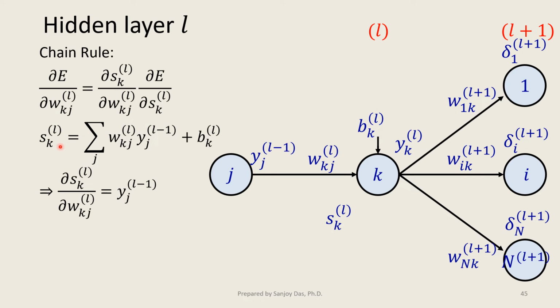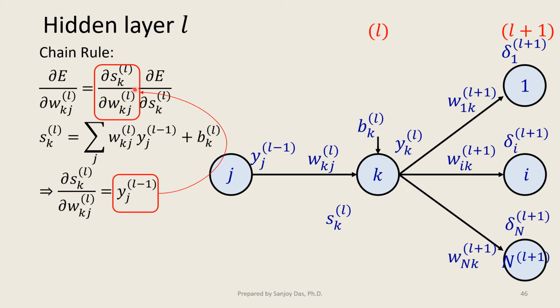Now, s_k by definition is equal to the summation of w_kj y_j plus b_k. This is s_k, the net input. Whence its derivative with respect to w_kj is simply y_j.